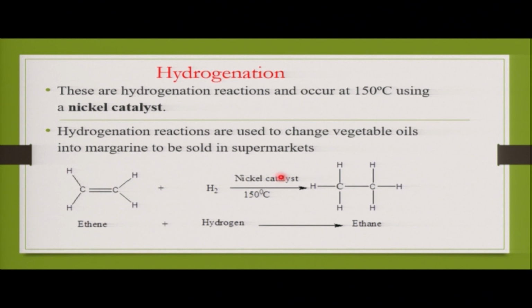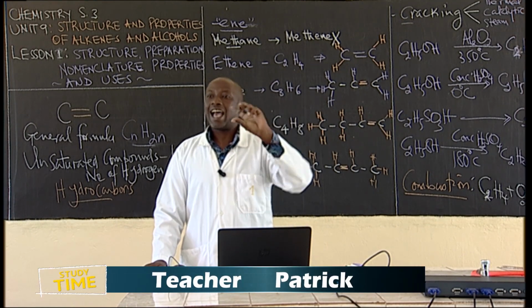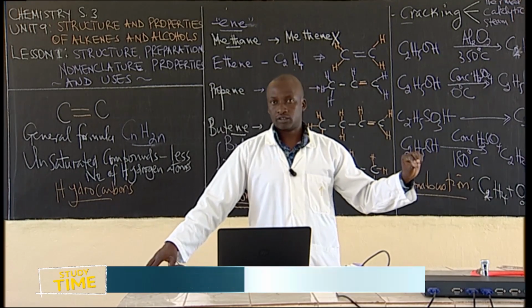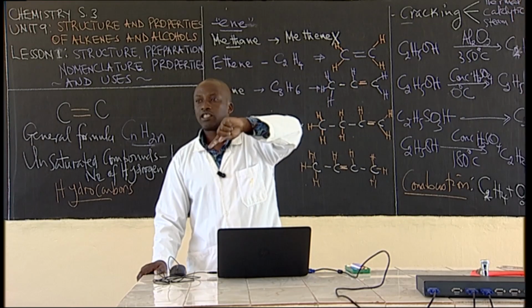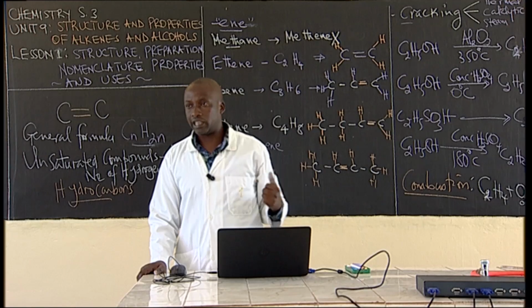This reaction, I want to remind you, dear students, is a very important reaction because this is the reaction that is used in conversion of oils into fats. Oils are unsaturated. They contain a double bond. When they react with hydrogen, it becomes saturated and then solidifies.